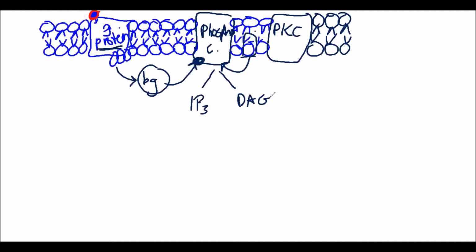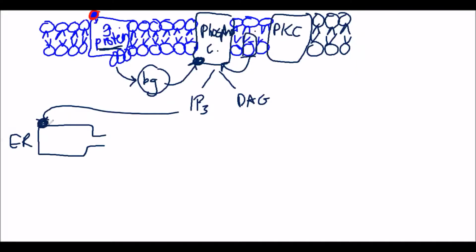So what's going to happen is IP3 is going to bind to our endoplasmic reticulum, which I am drawing here, and I will label ER, endoplasmic reticulum. It's going to bind, and I'll draw it binding here, and it's going to allow the contents of the ER to be extruded out. The contents in here are just calcium, floating around in this endoplasmic reticulum.